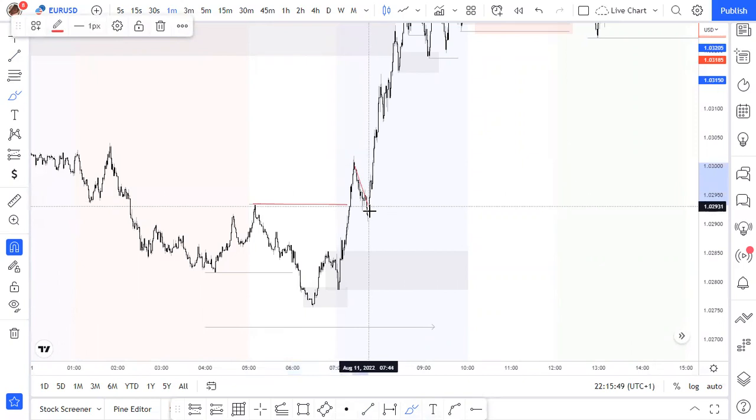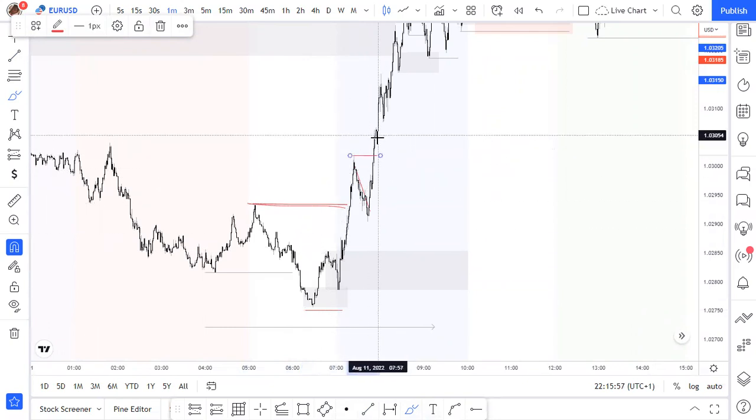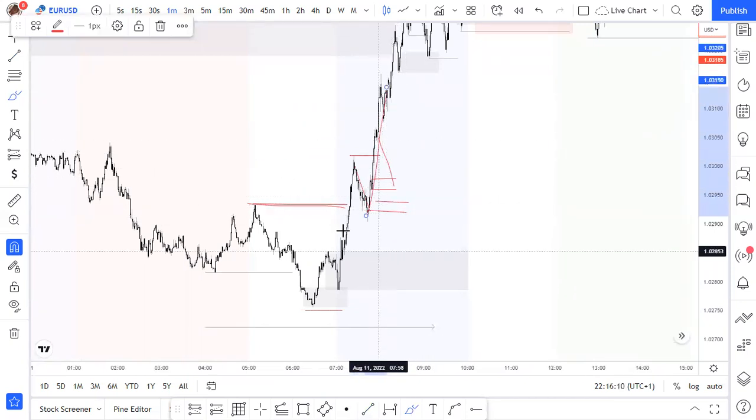Price pulled back and respected this newly formed range. What I wanted to see was for price to break above this, go back into this zone or into the extreme zone, then I would take the trade. The price didn't really do that, it just pushed up and didn't come back to any of these zones.